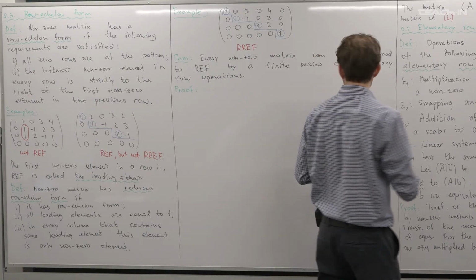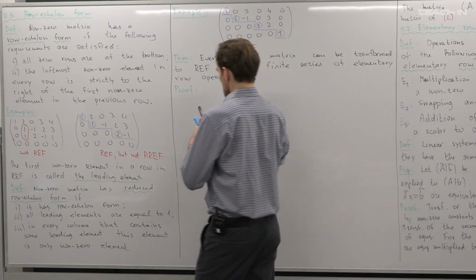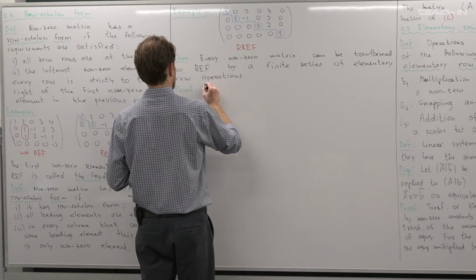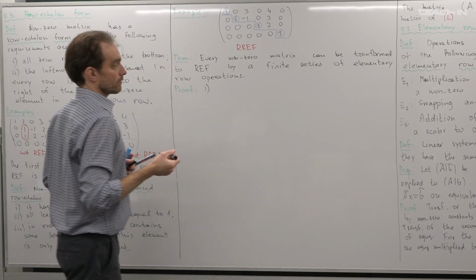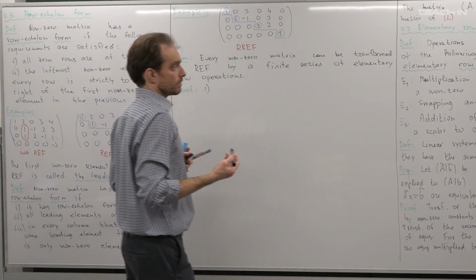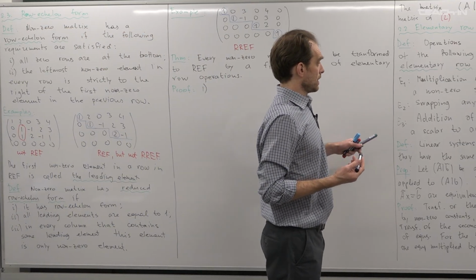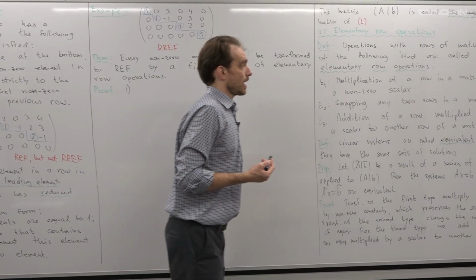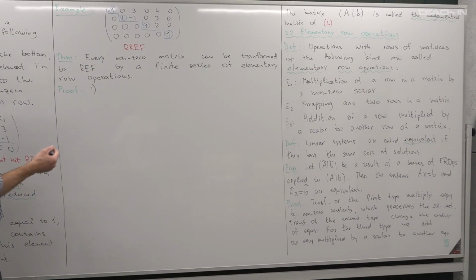Okay, so the first step would be to move all zero rows. If we have some zero rows, we can move them to the bottom of our matrix by applying the second type elementary row operations.